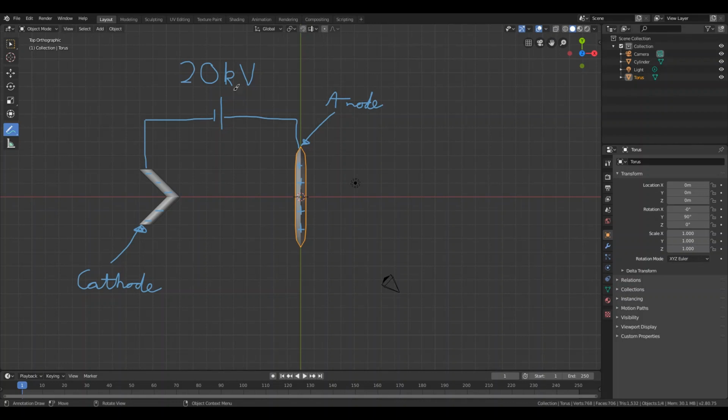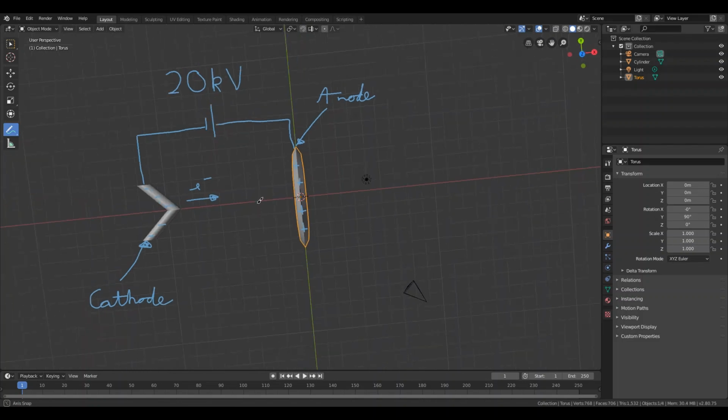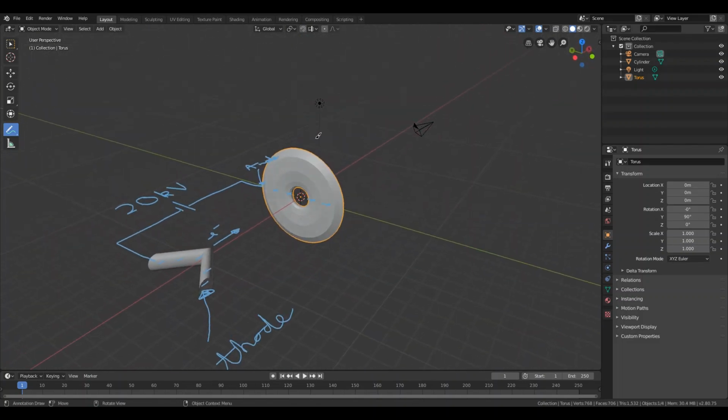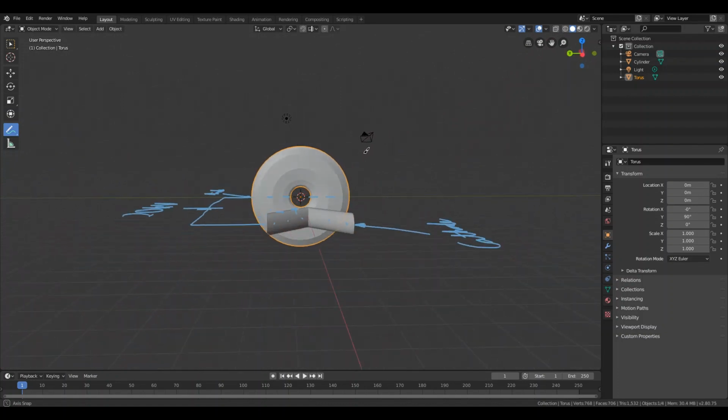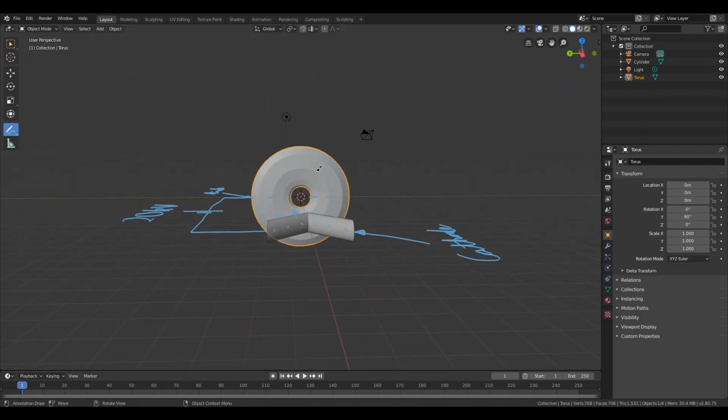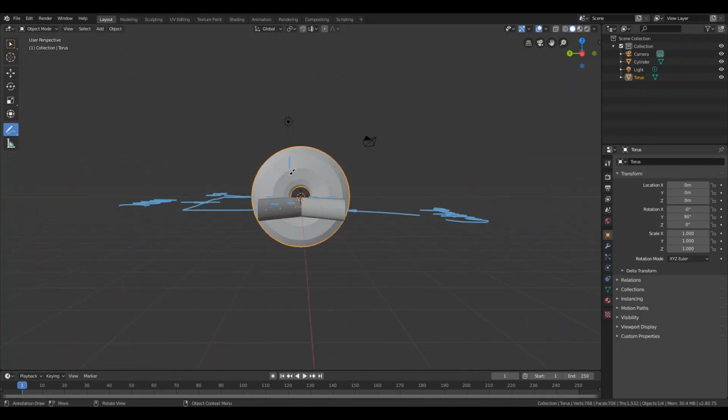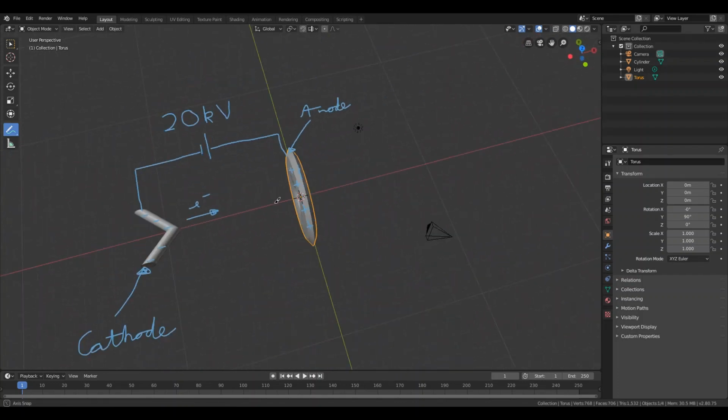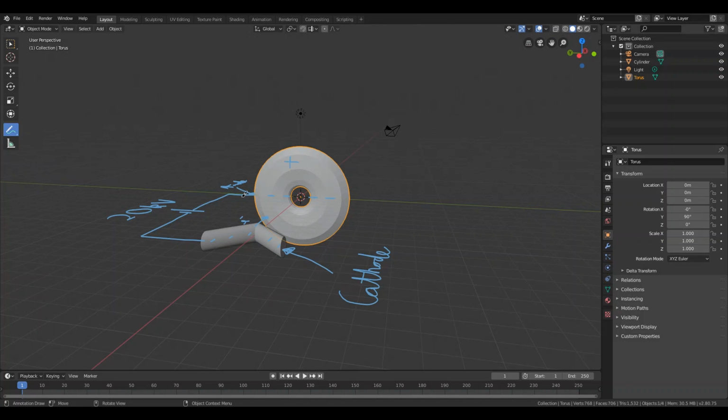So this will mean that the electrons, e minus, are accelerated quite a lot between these two. So really, it wants to hit this thing, as this is positive.